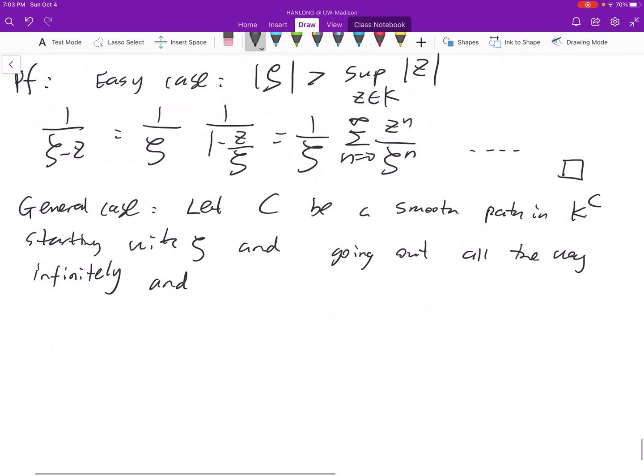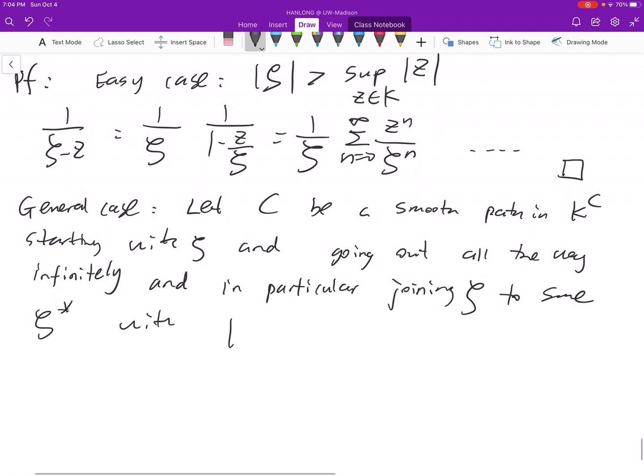And in particular, joining x_c to some x_c star with the norm of x_c star greater than the supremum norm of z for all z in K.